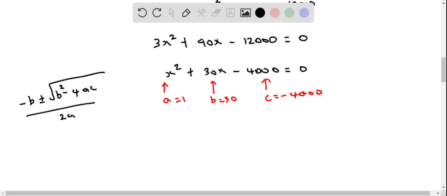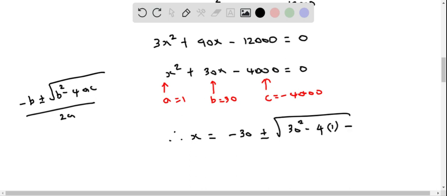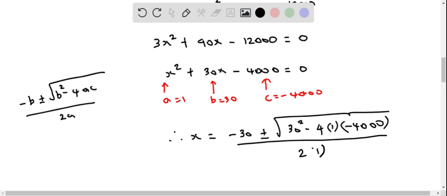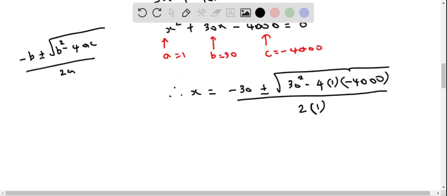Now we can plug this into the quadratic formula. So therefore we get x equal to minus b, which is negative 30, plus or minus square root of b squared. B squared is 30 squared minus 4 times a, which is 1, and c is negative 4,000. So we write like this, divided by 2 times a. 2 times a is 2. Let's simplify this.